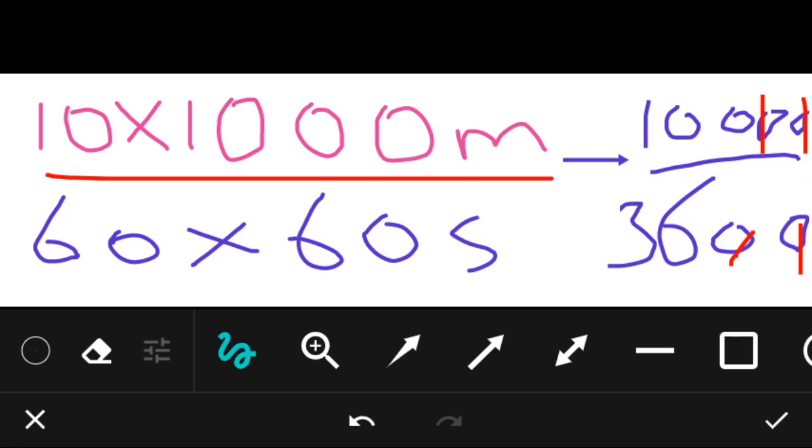When you divide 100 by 336, you're supposed to get obviously 2.777777.